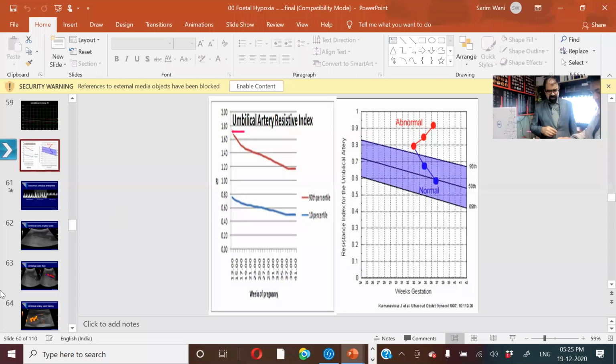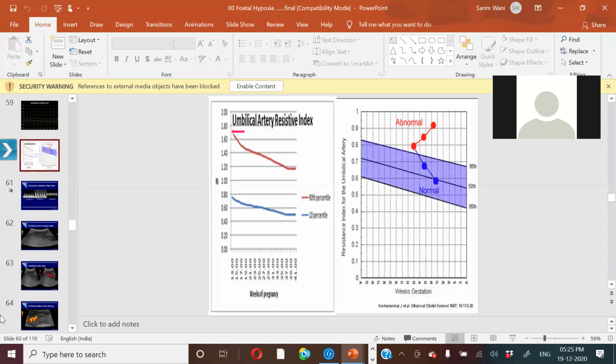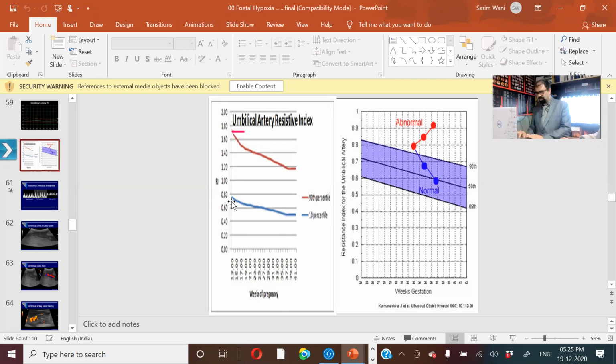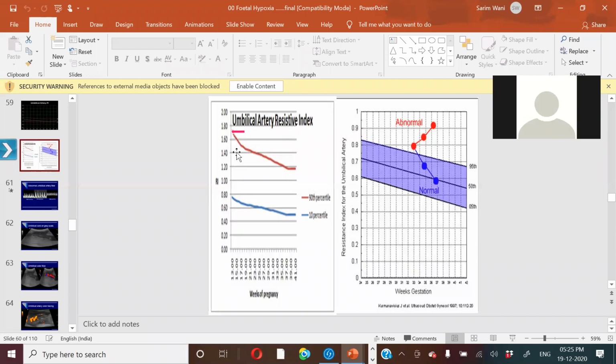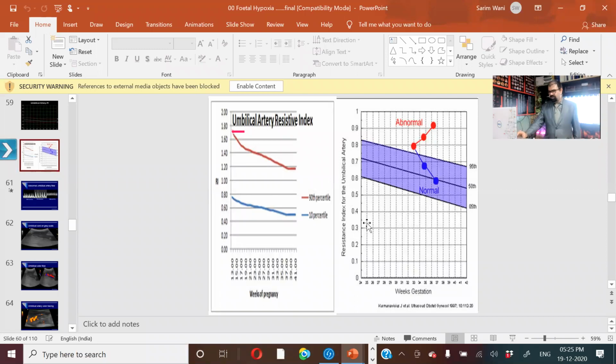What is the point over here? Sir, in the left umbilical artery RI index chart, the values are from 0.60 to 0.80, right? Yes, and on the right it is from 0.8 to 0.6. Okay, now see, the confusion is that this is normal.